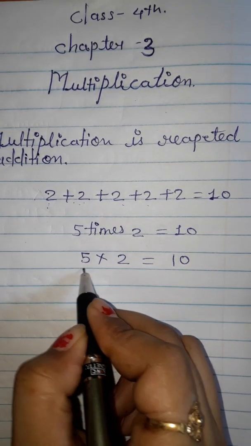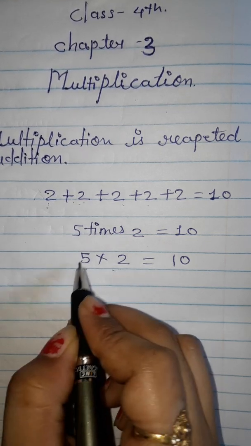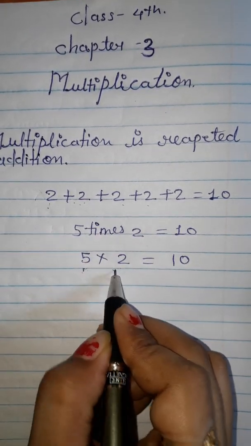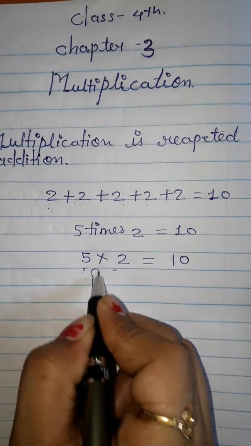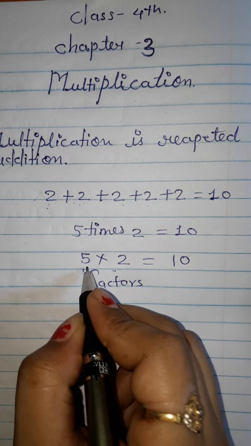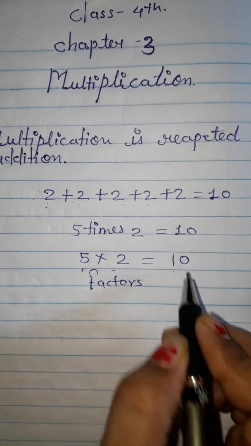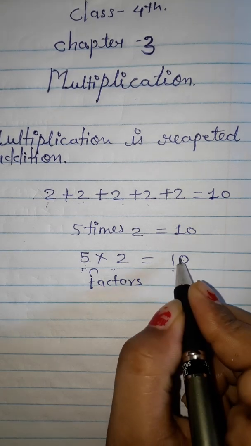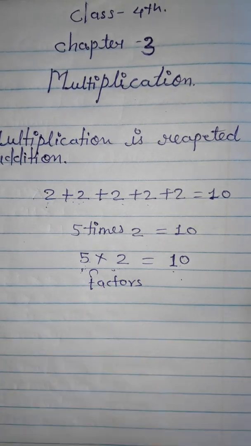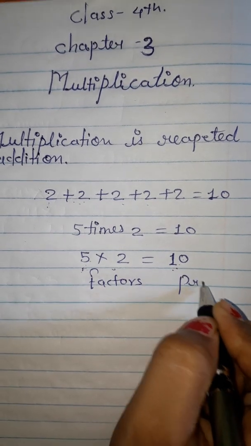These two terms which have been multiplied are called factors, because there are two terms. And the result after multiplying is called the product.